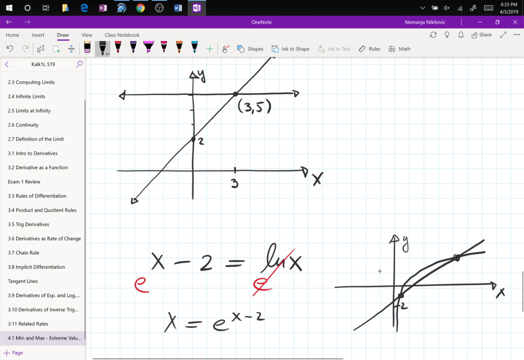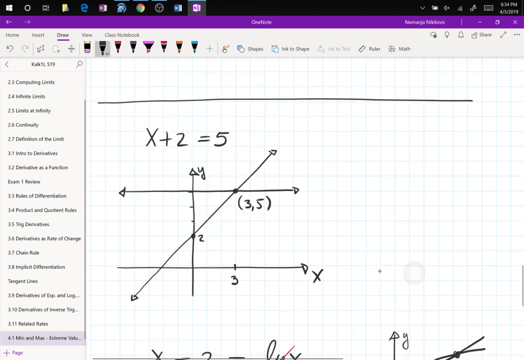So the only way to solve 100% of equations in life is going to be graph the left side, graph the right side. If the two graphs intersect, x values of that intersection point is going to be the solution. If the graphs do not intersect at all, there is no solution.